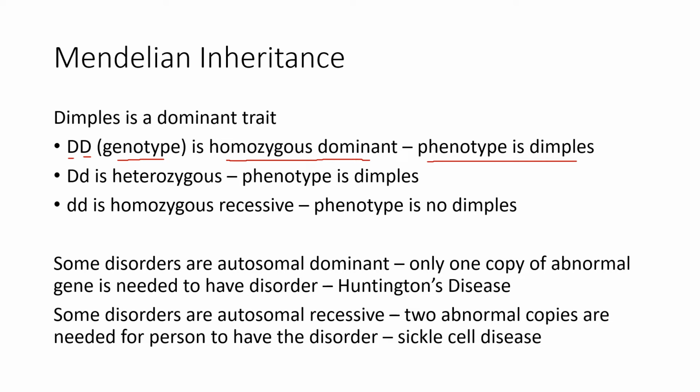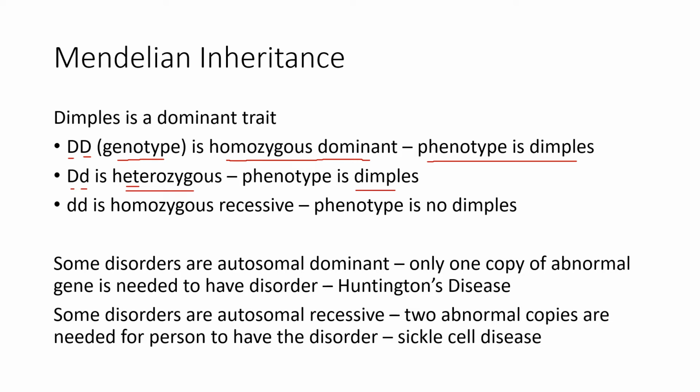Here I have another person, and in this case, one allele is the dominant, the other is the recessive. We would call this heterozygous, hetero meaning different. The phenotype here is going to be dimples because the dominant allele gets expressed in this Mendelian inheritance.